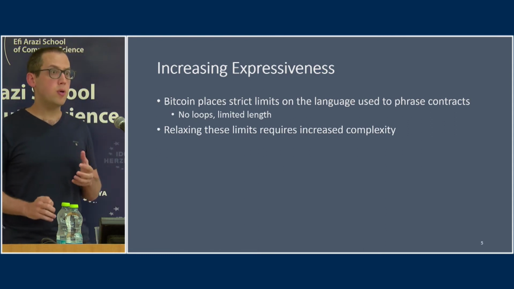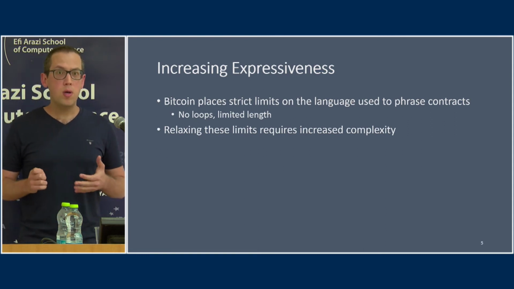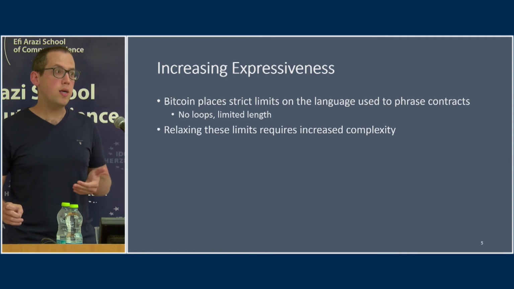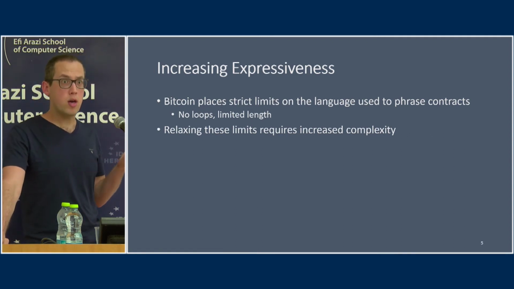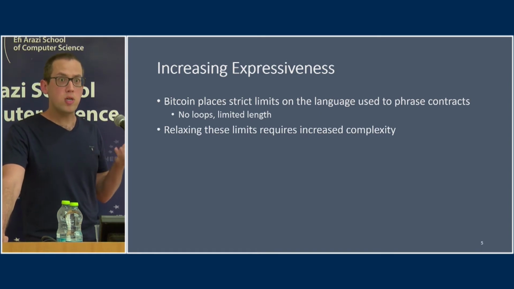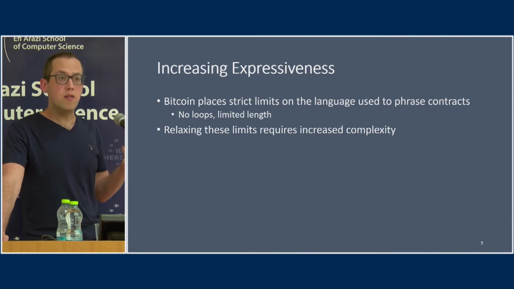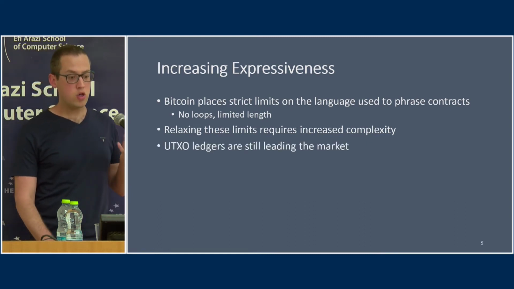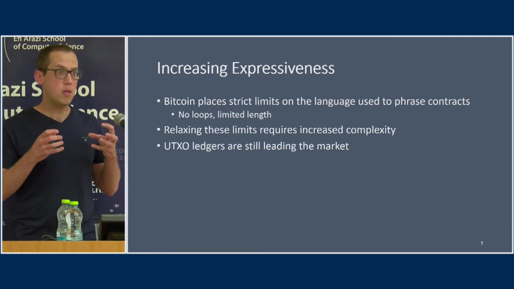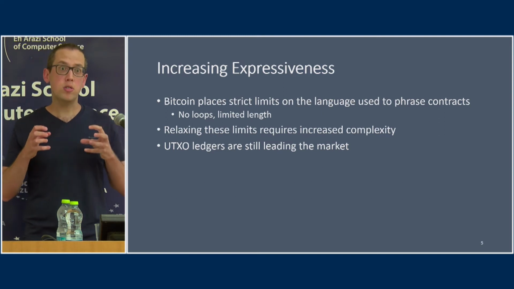For example, Ethereum handles this by implementing a Turing complete language, which allows them to express conditions that are stateful and Turing complete. But any relaxation comes with a cost of its own.